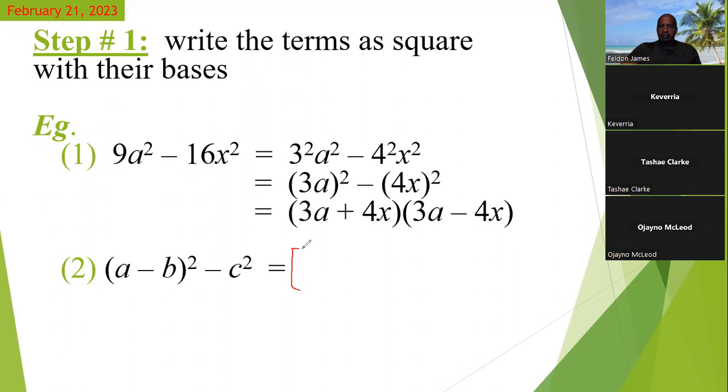Sir, I'm not sure. Are you going to have like a squared minus b squared minus c squared? You see, clearly you're not sure. That's exactly, sir.